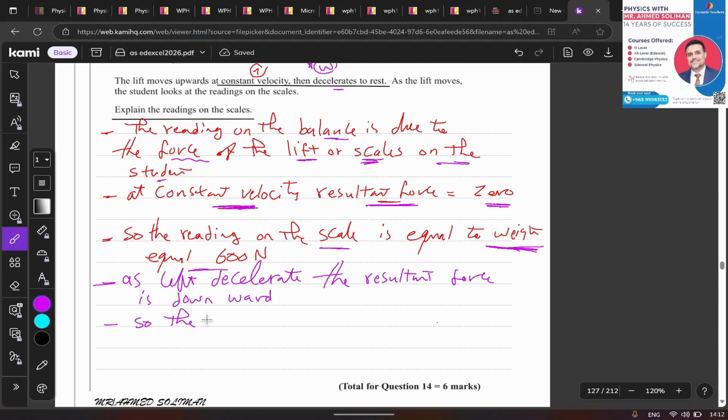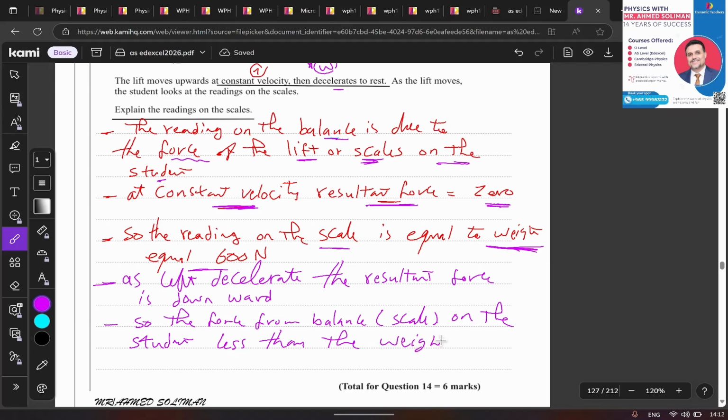Yes, the force from the balance or scale on the person, which is a student, is less than the weight of her.